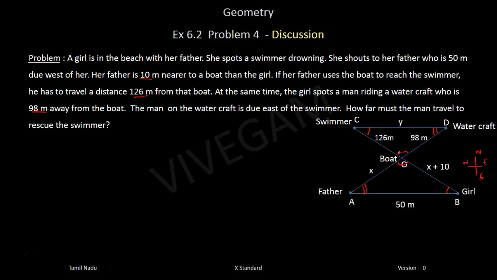Now you'll have to be careful in selecting the ratio. It's a ratio of corresponding sides, right? So the side opposite to this angle is OA, divided by the one opposite to this, which is OD. So OA by OD will be equal to, now what is opposite to this angle?